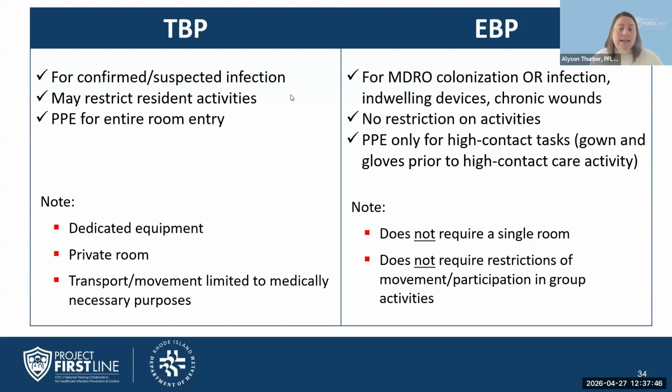In general, it is less restrictive than TBP. Residents are able to travel outside of their rooms as long as certain care is taken. They should perform hand hygiene and don clean clothing prior to leaving their room to join others. PPE is only worn during high contact care activities by staff, and this allows residents their freedom of movement and independence within their home.